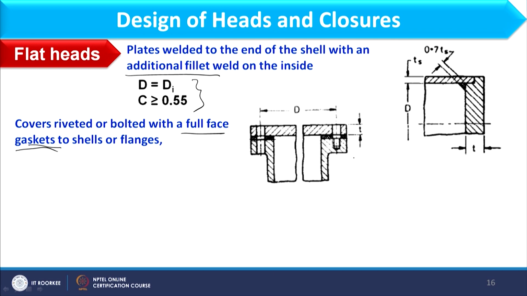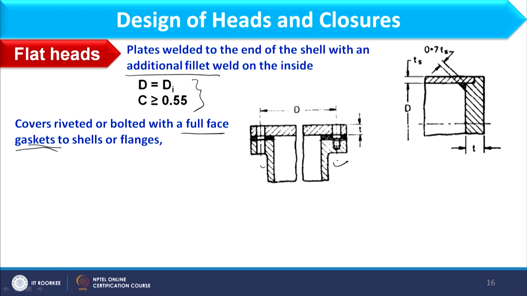So if I am having a circular pipe, this particular section is placed around this pipe, and this section will also be circular. So a circular gasket of this much diameter will be kept over here, and therefore it is called full face.